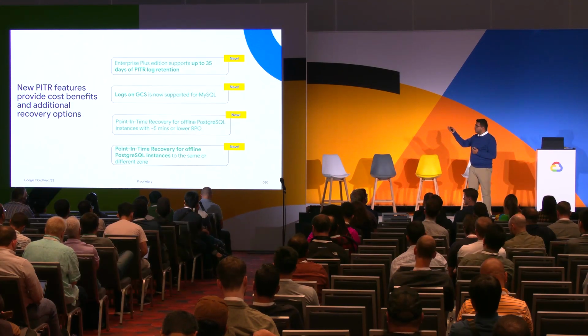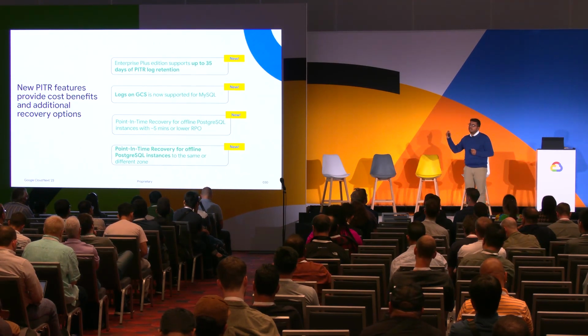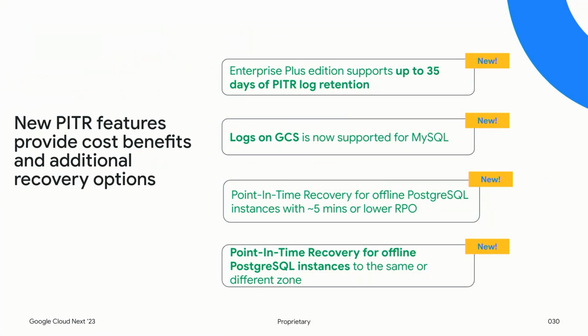But what if the zone in which your instance was running and that you're trying to perform this point-in-time recovery to is also unavailable? Now, for Cloud SQL, point-in-time recovery for offline PostgreSQL instances can also be done to a different zone within the same region. This gives you one other great way to protect your instance from any zonal failure with that 5-minute RPO.